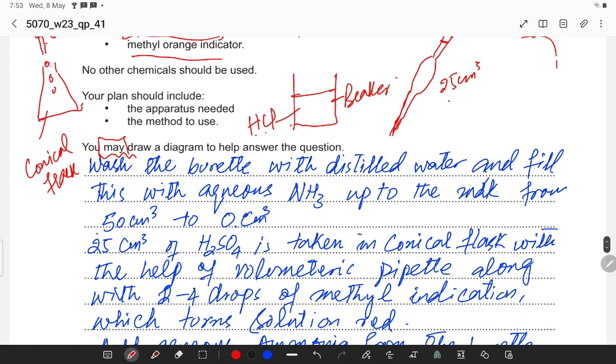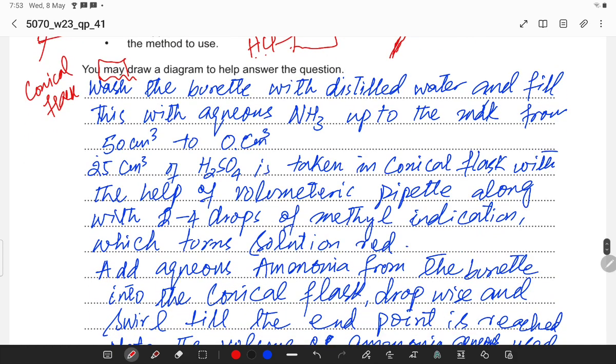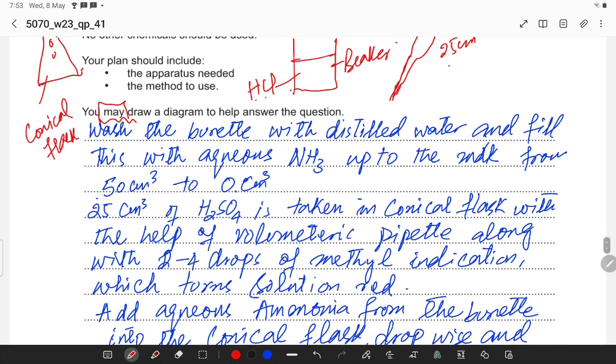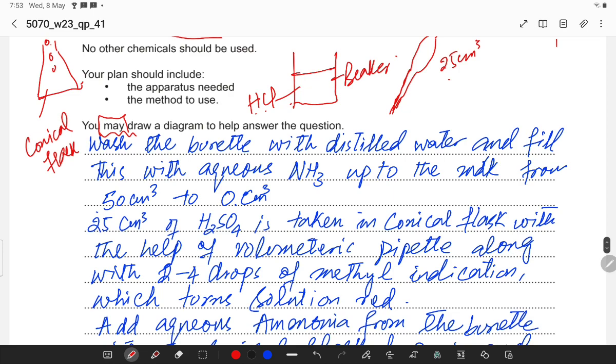Wash the burette with distilled water and fill this with aqueous ammonia up to the mark from 50 centimeter cube to 0 centimeter cube. 25 centimeter cube of H2SO4 is taken. Sorry, we are using H2SO4, not HCl.